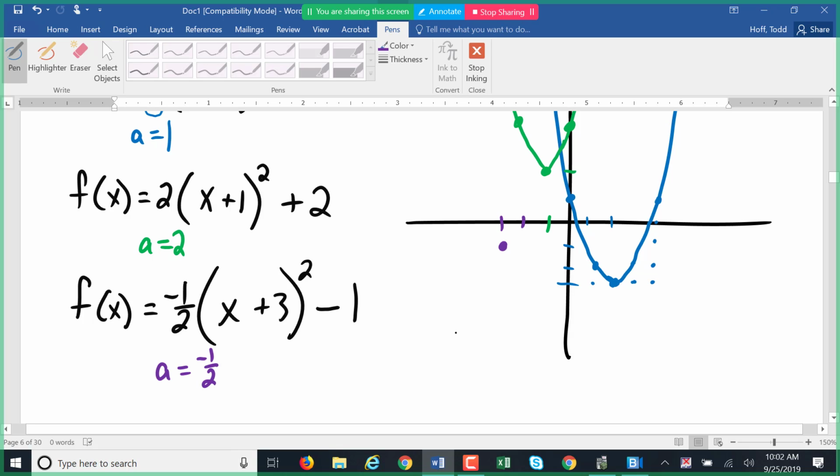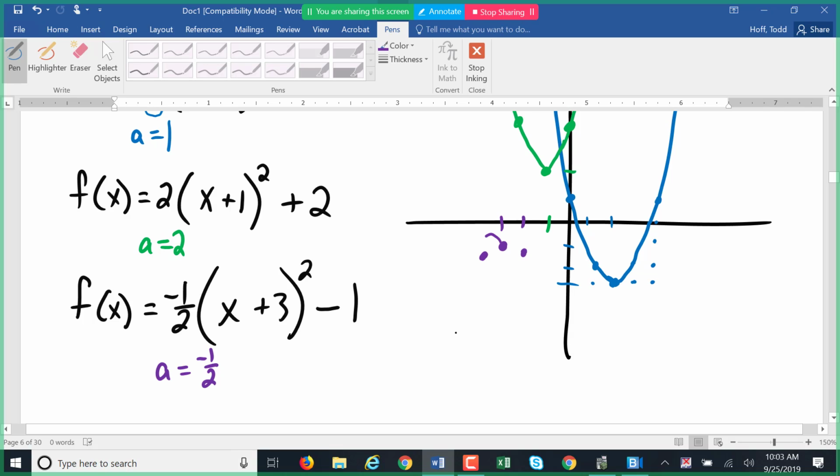And again, we think of that as like a slope. Before we went over 1 and up 1 squared. Now we have to go over 1 and down 1 squared times 1/2. Well, 1 squared is 1 times the -1/2. We go down 1/2. So again, over 1, down 1/2.